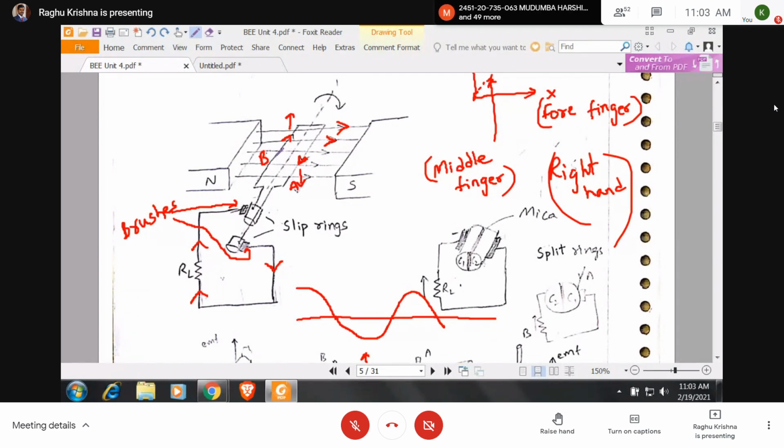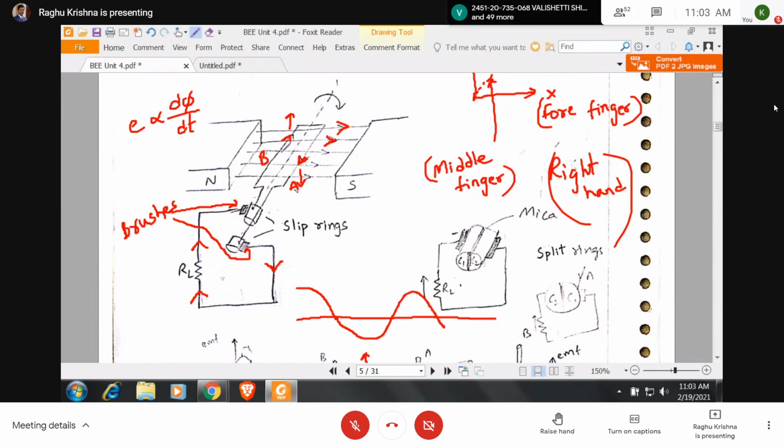So here the induced EMF is proportional to d phi by dt. So phi is the number of lines of force. So when the plane of the coil is parallel to the lines of force, it will be cutting the maximum lines of force.